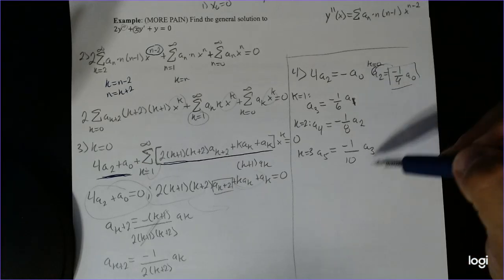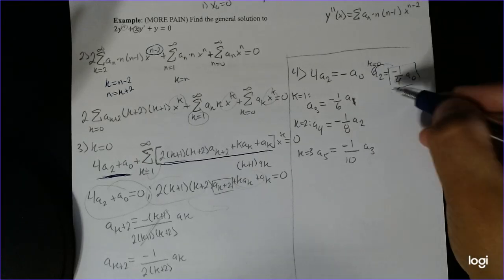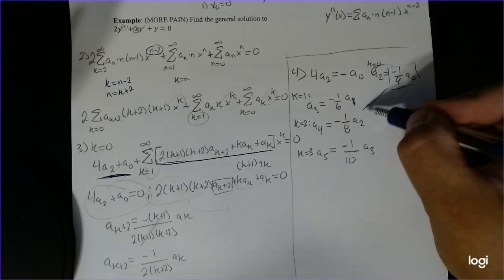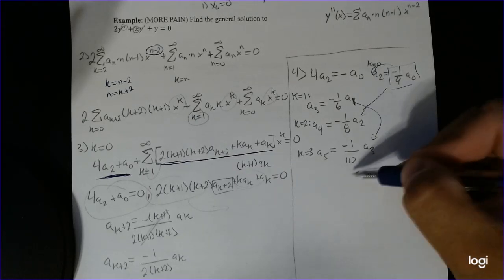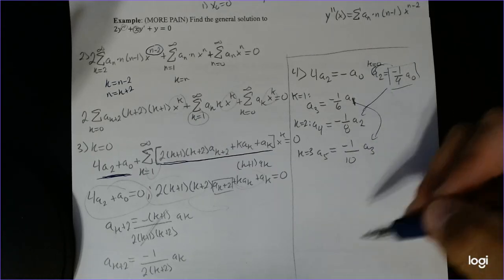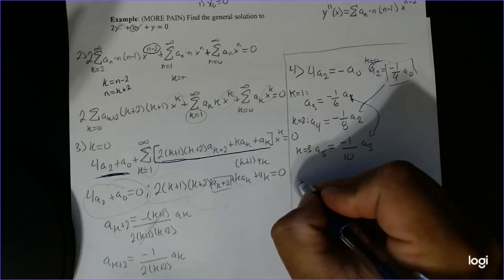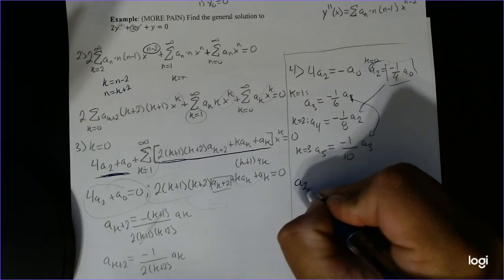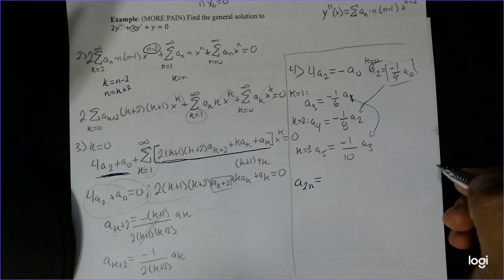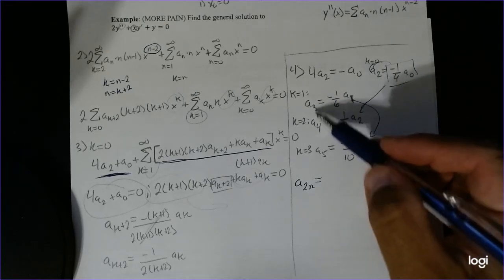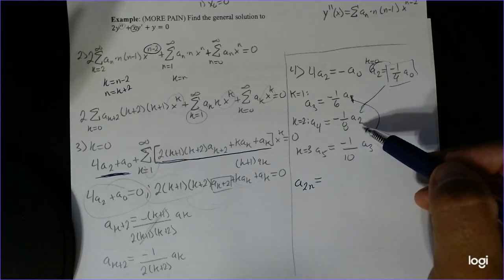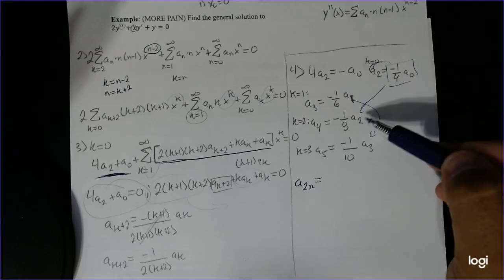A lot of it is dependent on its previous terms, and it follows that same pattern of evenness and oddness. So after a lot of algebra, the even a's are always dependent on just a naught.